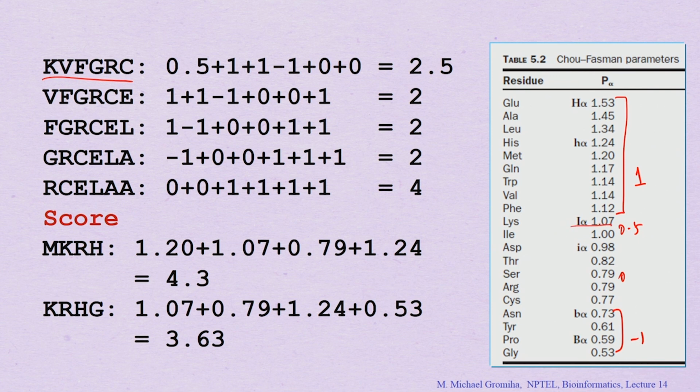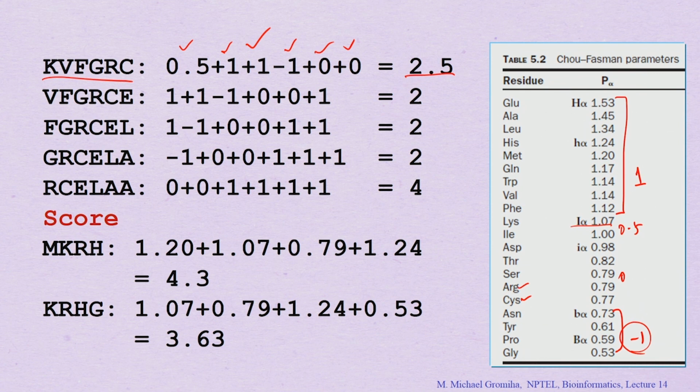Then V is here, this equals 1, then F, phenylalanine, again equals 1, right, and this G is in this group, this is -1, so we put -1, and R and C are here, this is 0. We assign the values, approximately 2.5, so this is less than or equal to 4, right, this is not part of a helix.